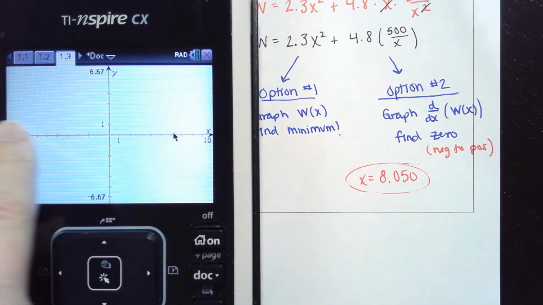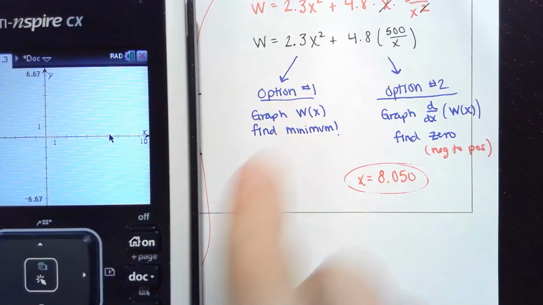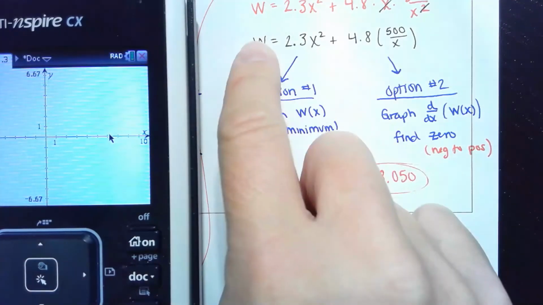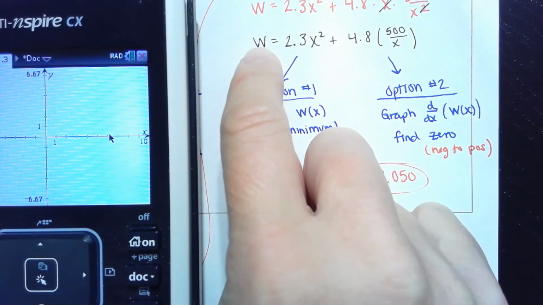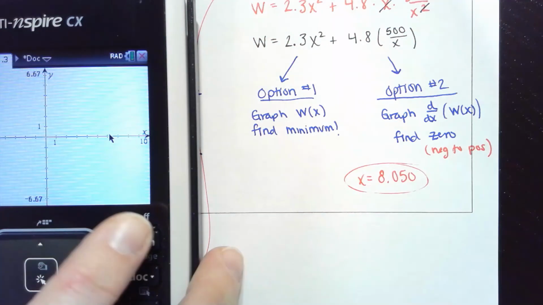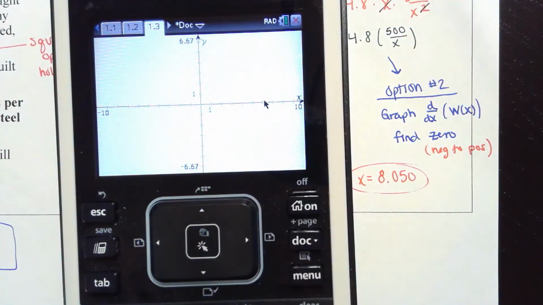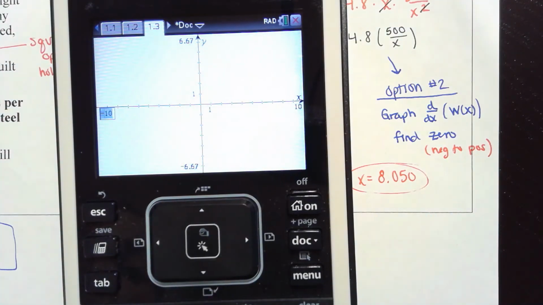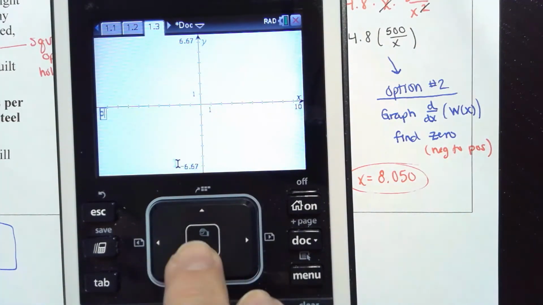The thing we need to keep in mind is our x represents the dimension of the base, and our y represents the weight. So we know the x can't be negative, and we know that the y can't be negative, so at the very least, we can take these numbers and say, well, let's start at 0.